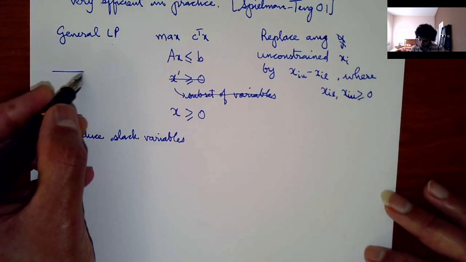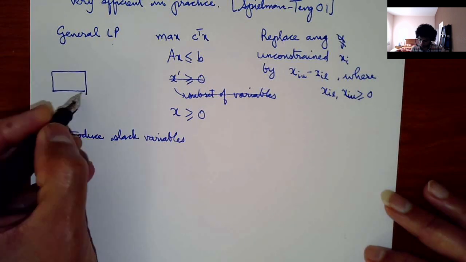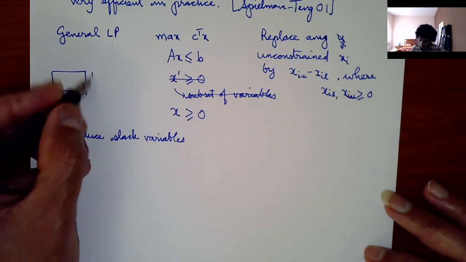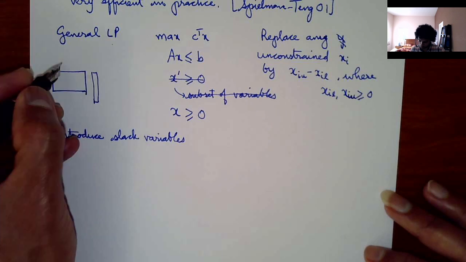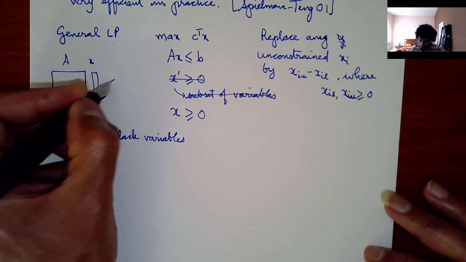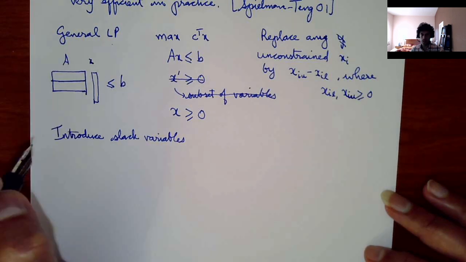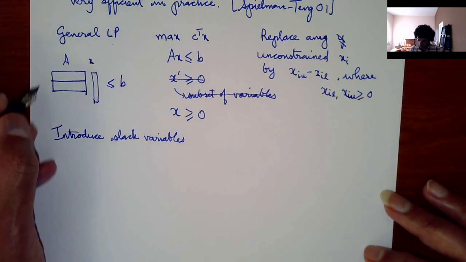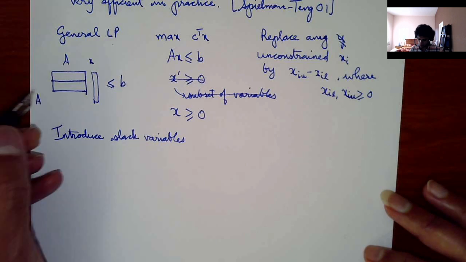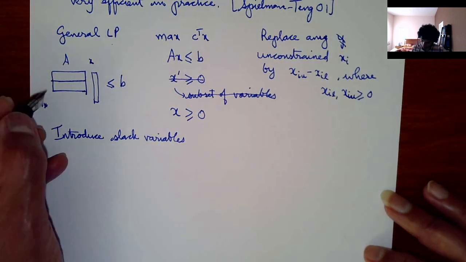Remember that I'm just drawing out the LP here. So this is Ax less than or equal to b. And recall that I can look at any row and call the row A_i star. Right? A_i star is this row.